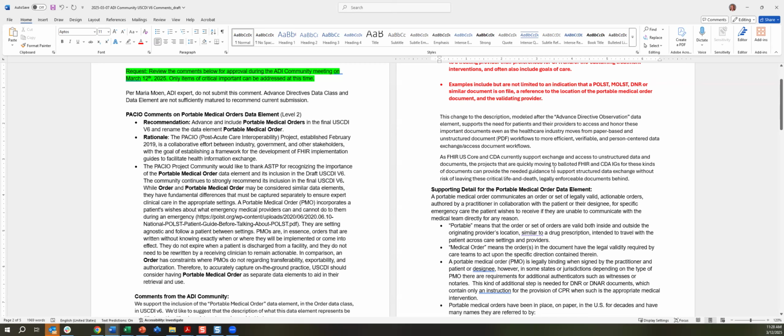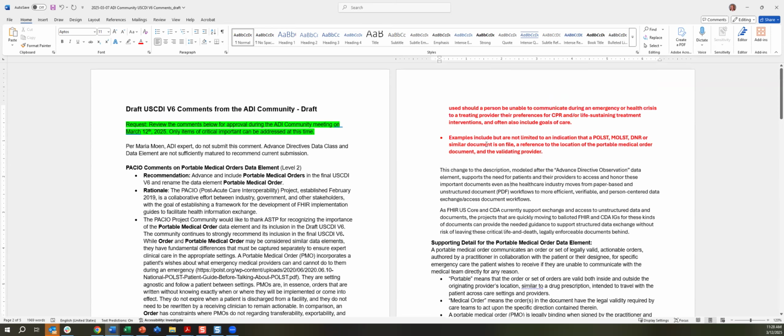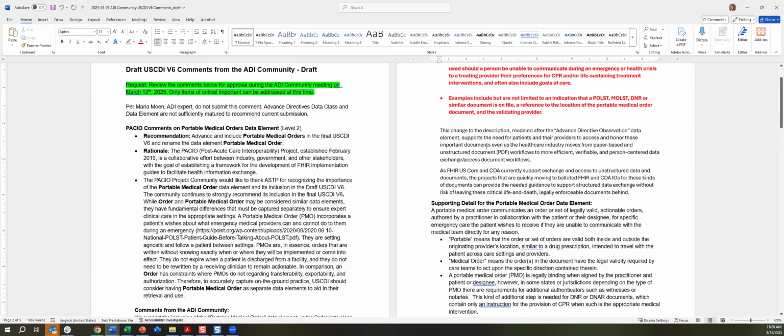So there will be a point, in fact, we're going to go to ballot in September, where the IG will be out there that they can point to. And maybe at that point, in USCDI draft V7, we're going to say, okay, you know what? We gave them an on-ramp and now the on-ramp's over because we've got an IG that we can point to.